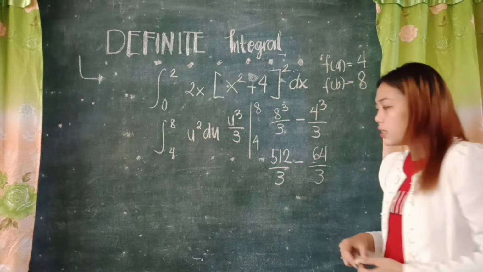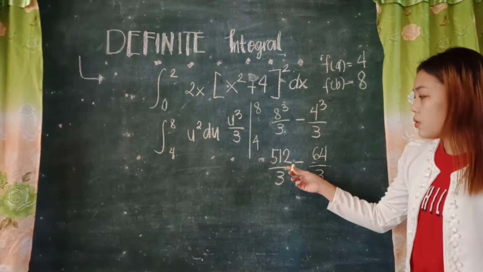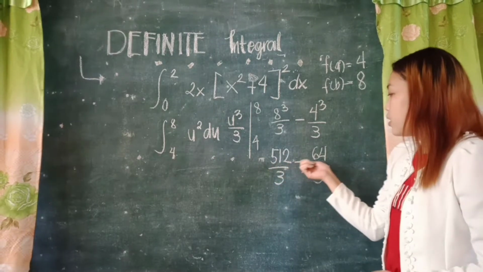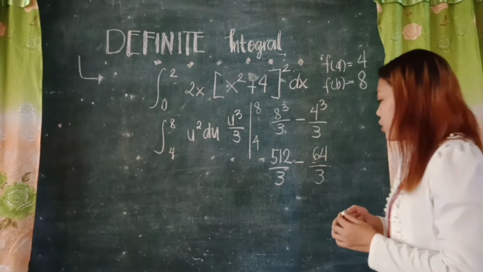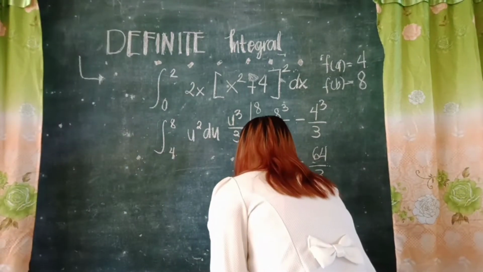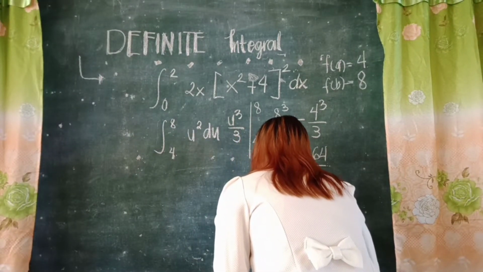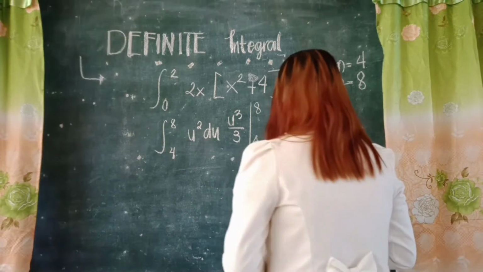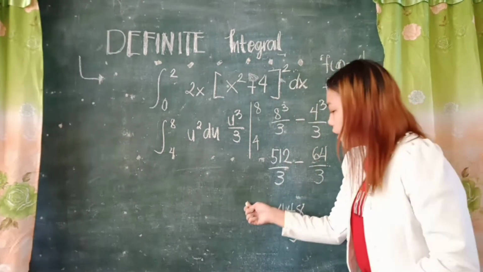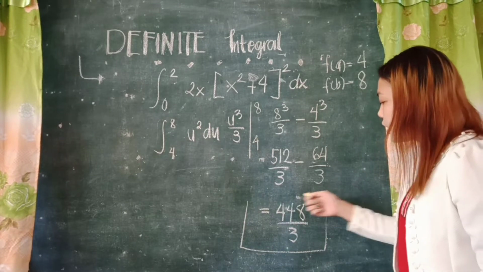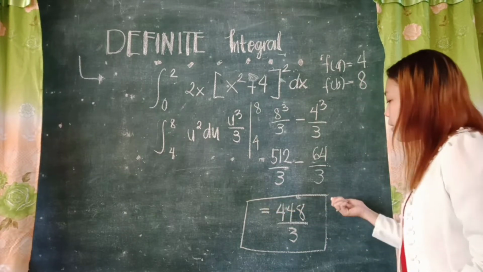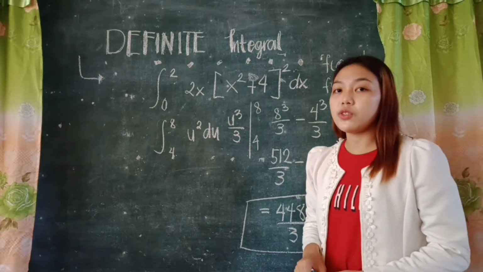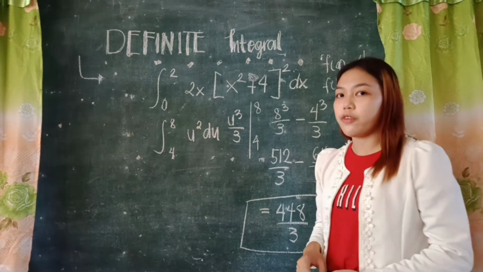To get the final answer, we subtract 64 from 512, and the answer is 448 over 3. So 448 over 3 is our final area for the definite integral using u substitution with the change of limits or interval.